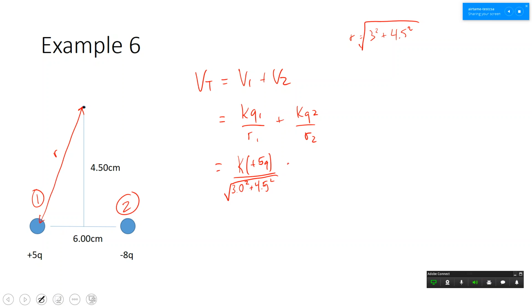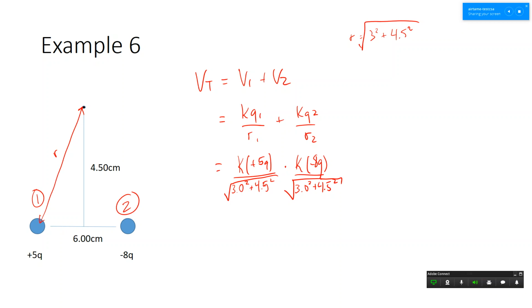It does matter, yeah. So it would have to be k times negative 8q over the square root of 3.0 squared plus 4.5 squared.